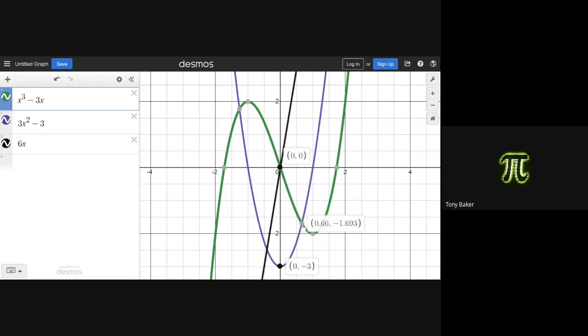When my velocity is at 0, I have my low point in my position, but my acceleration is still 6.